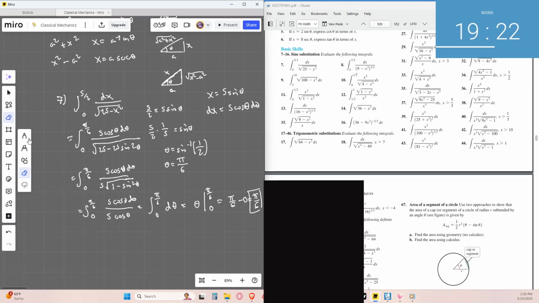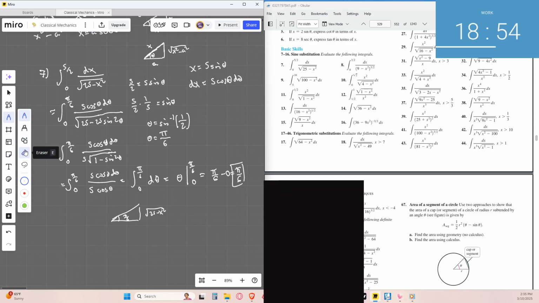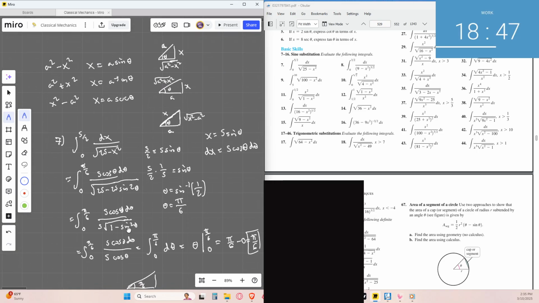So if we do theta, and then if it's sine, then that means it's at the bottom. Oh yeah, x is supposed to be sine.